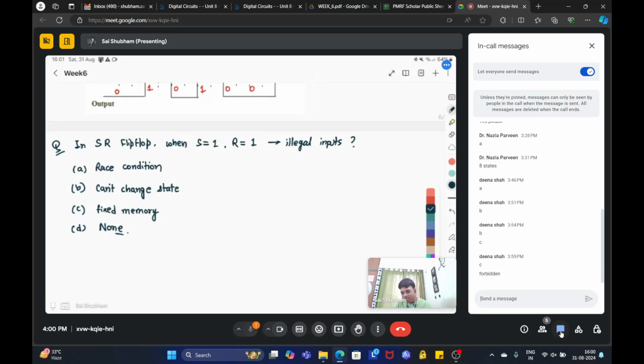So you are correct. You have mentioned that it is a forbidden state, but what is the actual reason behind it?